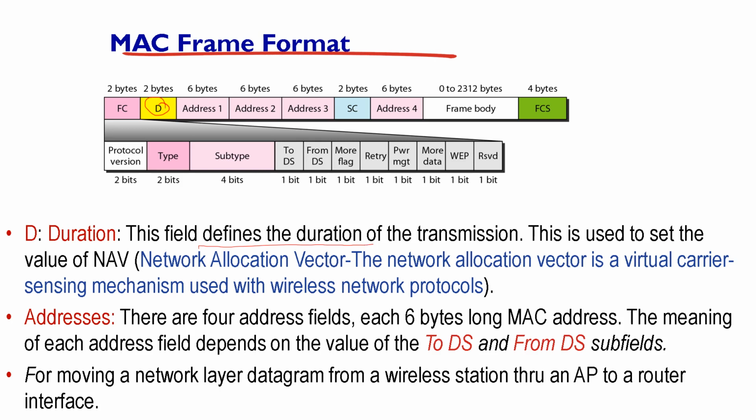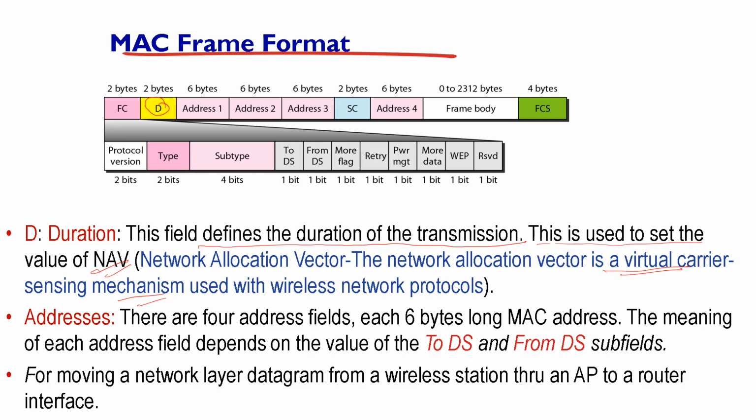It defines the duration of the transmission. While a particular station is engaged in transmitting or receiving data, it can tell other stations that it is busy. This is also known as NAV, and it is a virtual mechanism for carrier sensing in Wi-Fi.